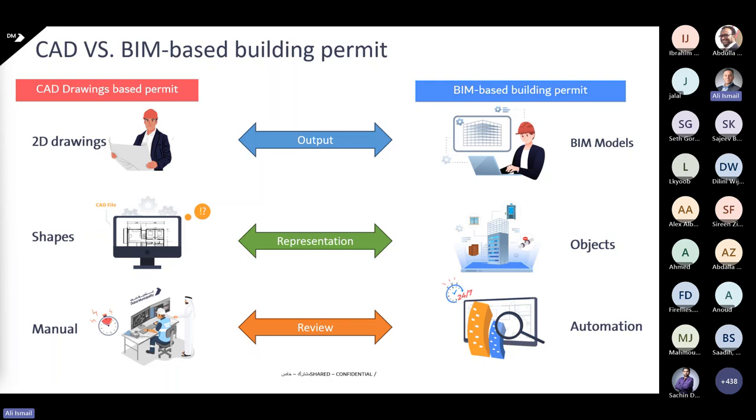And we can attach all information related to the material, related to the quantities, related to, for example, fire rating, etc. So in this case, we can use these attributes later to provide services to move the BIM model and all information to the digital twin of Dubai, to extract data, and also to automatically check a lot of building regulations, which usually are time-consuming tasks, and it is very difficult to check hundreds of building regulations by engineers.